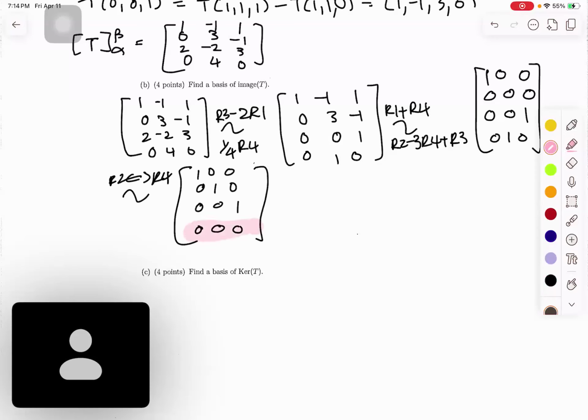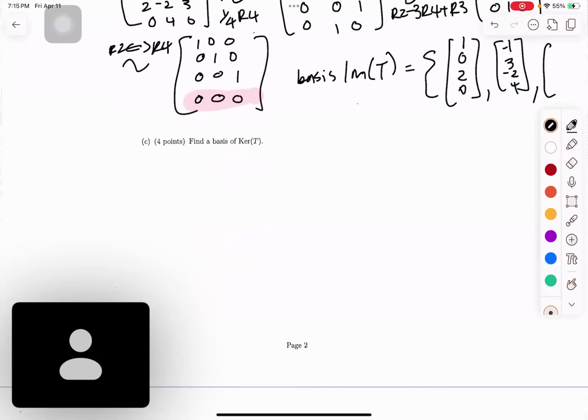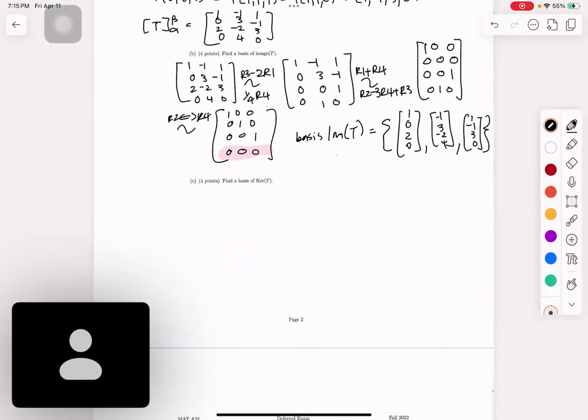Notice that we have 3 pivots and only 1 row of zeros, so that means all 3 vectors are linearly independent, so the basis of the image of T is just 1, 0, 2, 0, -1, 3, -2, 4, and 1, -1, 3, 0. So that's it for part B.